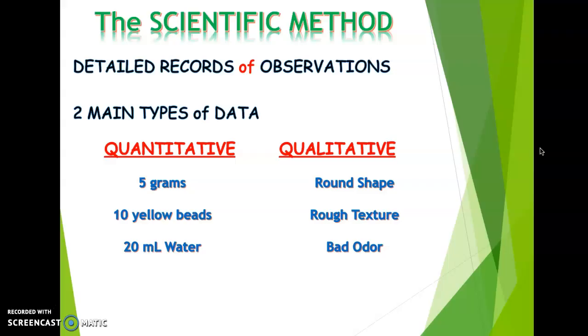We could talk about the shape, the texture, the odor of something. Is it round? Is it rough? Does it smell bad? Those are qualitative properties. Okay. It is important that you are recording both of these types of data whenever you are making observations.